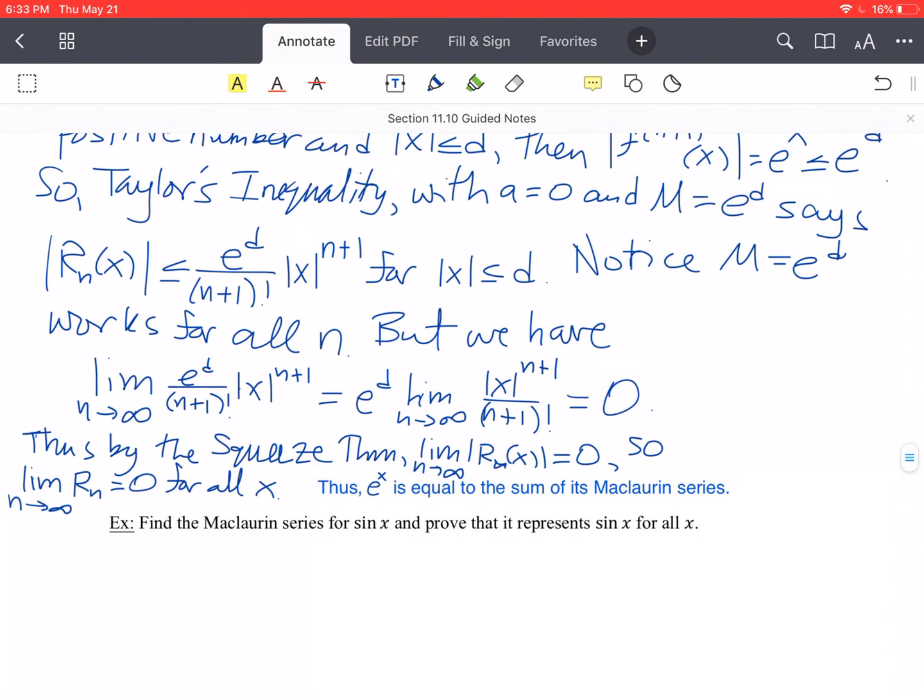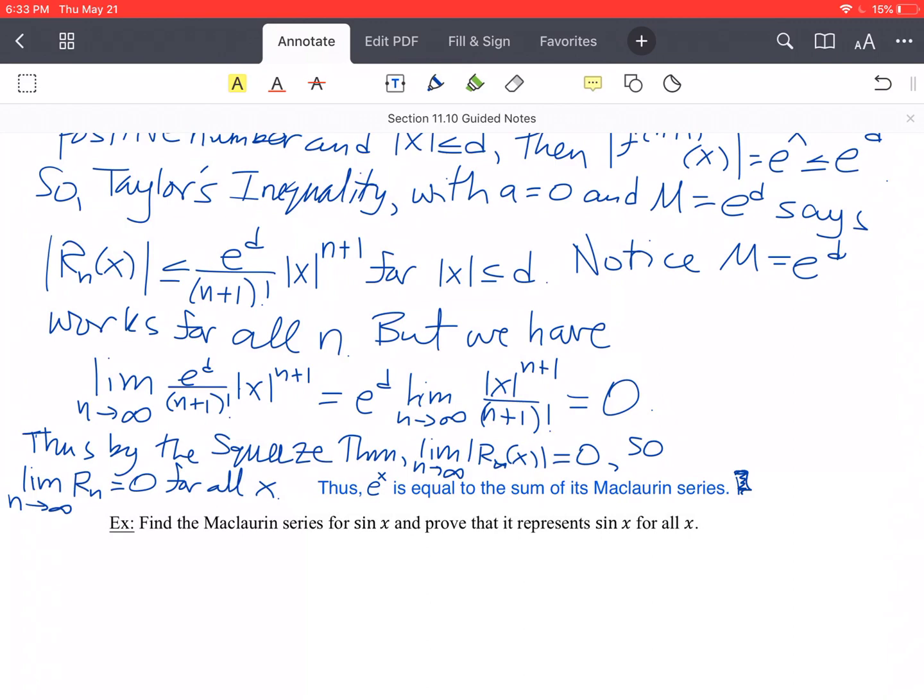Okay, so thus e to the x is equal to the sum of its Maclaurin series. Okay, and then that's our proof. Okay, so we prove that not only is e to the x represented by a Maclaurin series, but it is equal to the sum of that Maclaurin series.